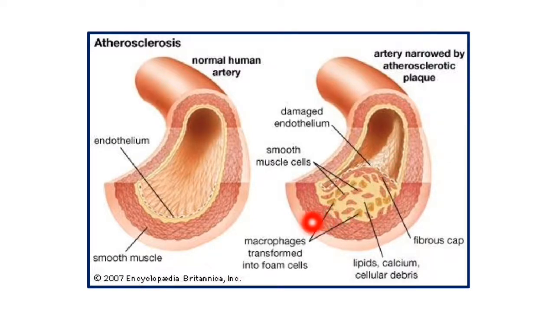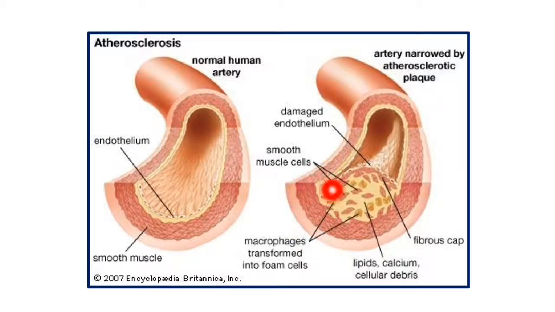This will damage the endothelium and smooth muscle cells, that leads to the entry of leukocytes, mainly monocytes, which will be transformed into macrophages. These macrophages will engulf the oxidized LDL, fat and cholesterol, and transform into foam cells.